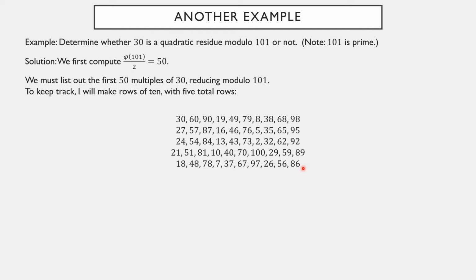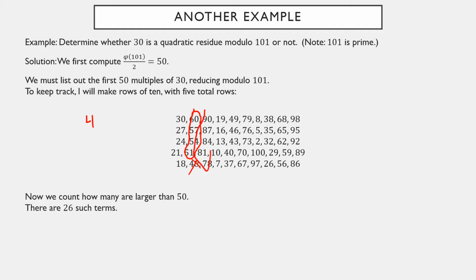So now I have 5 rows with 10 each, so I have my 50 multiples of 30, all reduced mod 101. Count how many are larger than 50. Everything here is larger than 50, that's 4 of them, but not 48. Okay, each row I took away 3, so it's not surprising that eventually they weren't actually big anymore. All of these are bigger than 50, so that's another 5.